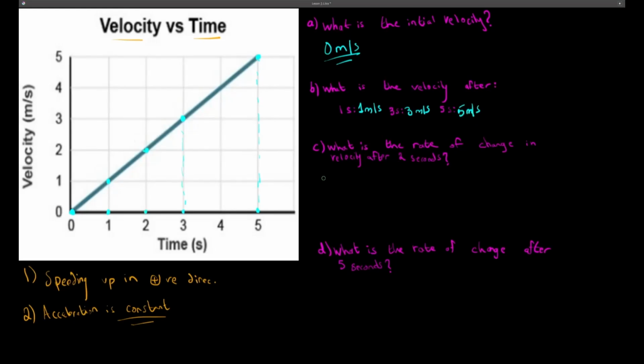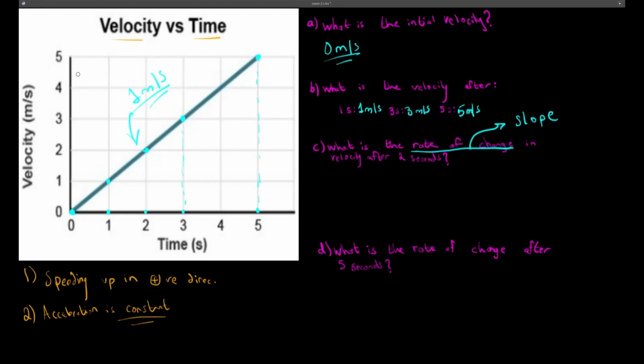Now for question C, it's asking for the rate of change of velocity. When we talk about rate of change, we're talking about the slope. And we already know the slope here. If we just simply do rise over run, any 2 points, we can get 1 meter per second. So that is the acceleration here.